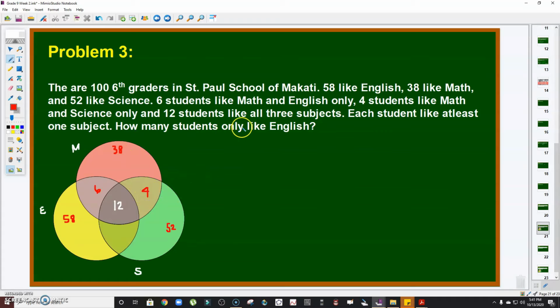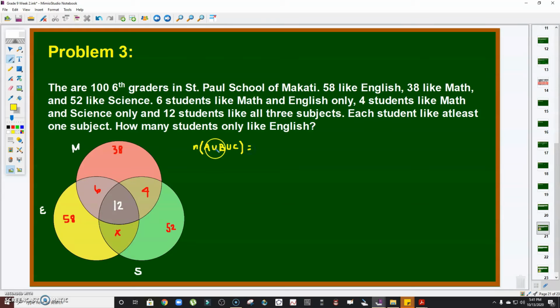Now, the question is, how many students like English only? Now, hindi na mention sa problem yung number of students who like English and Science. So, let's put X here. Now, recall natin, we are after the number of elements of the union of the sets A, B, and C, right?